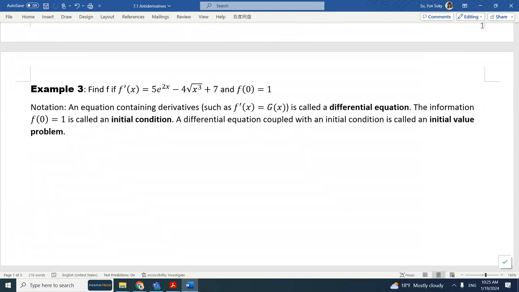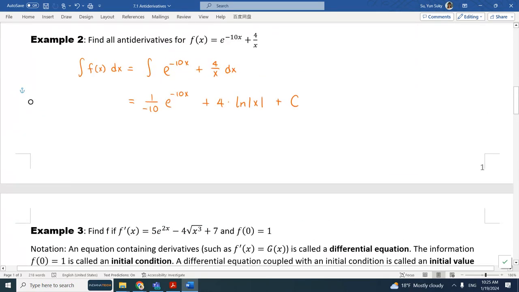So, after you integrate, usually you get a family of antiderivatives. Then how do you know which function is our f? We have a family of functions, but which one is the correct f? That's why the initial condition can help us to figure out c.